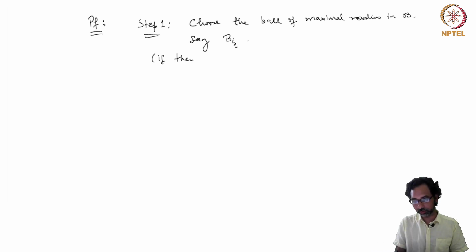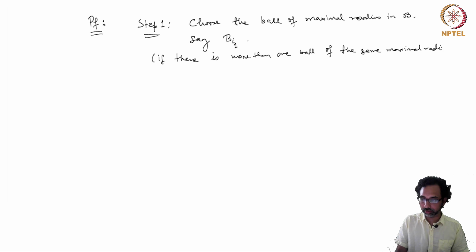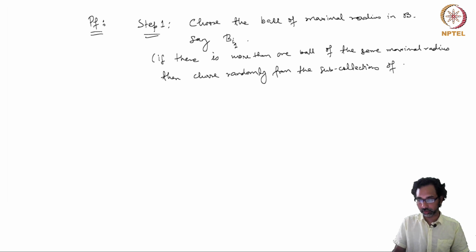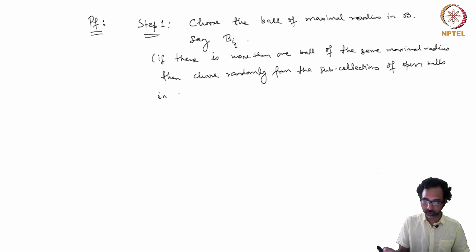Note that if there is more than one ball of the same maximal radius, then we can choose randomly from this subcollection of open balls in B with the largest radius.